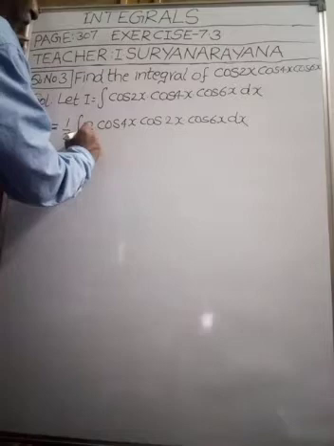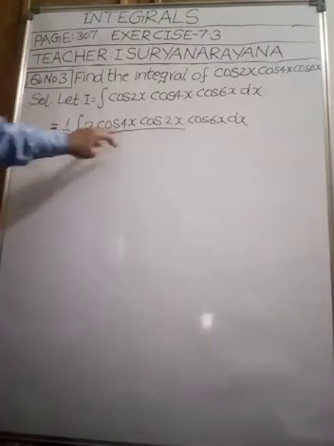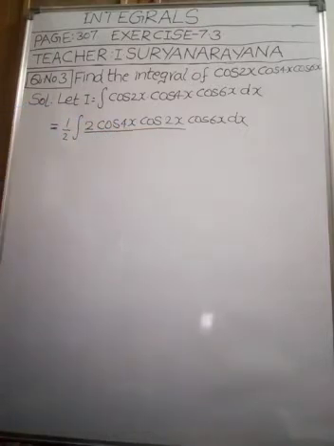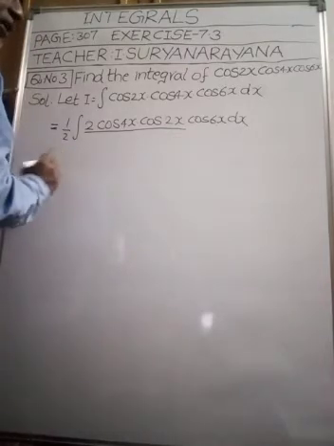Now if you observe this part, it is in the form of 2 cos A cos B. 2 cos A cos B means cos of A plus B plus cos of A minus B. We use that trigonometric identity here.